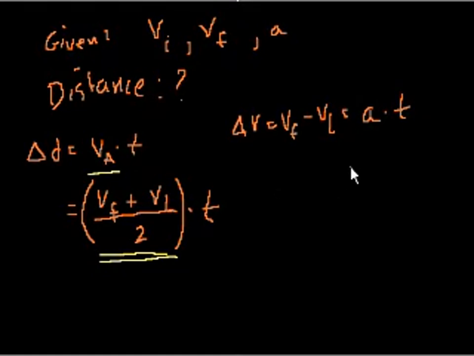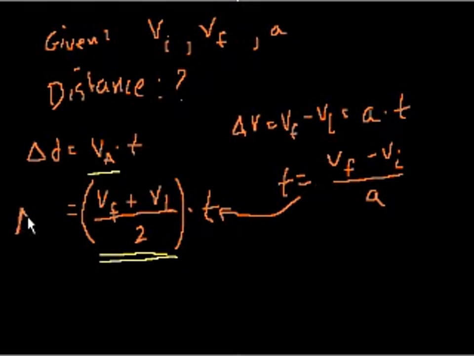Right? Or, if you want to solve for time, if I just divide both sides of this equation by a, time is equal to Vf minus Vi divided by a. So then we could take that and substitute it into this equation.